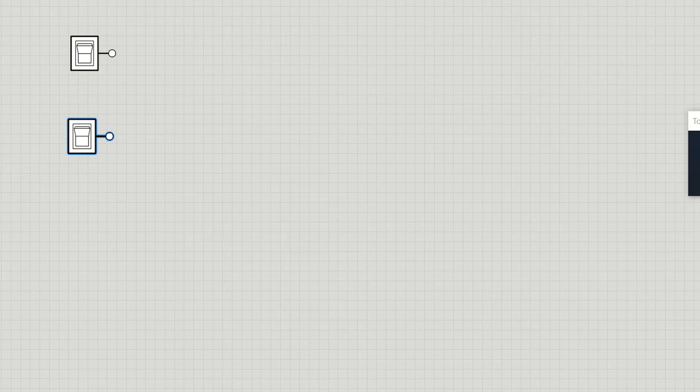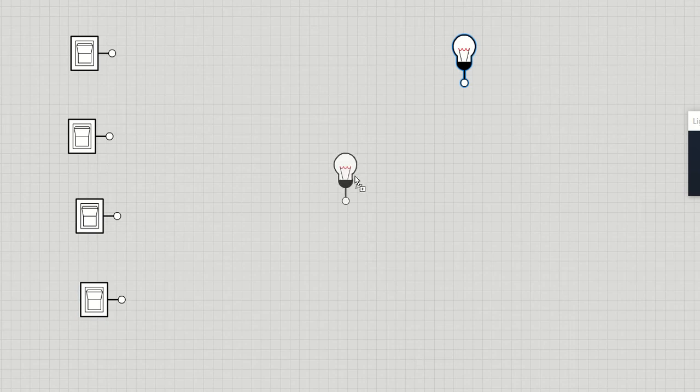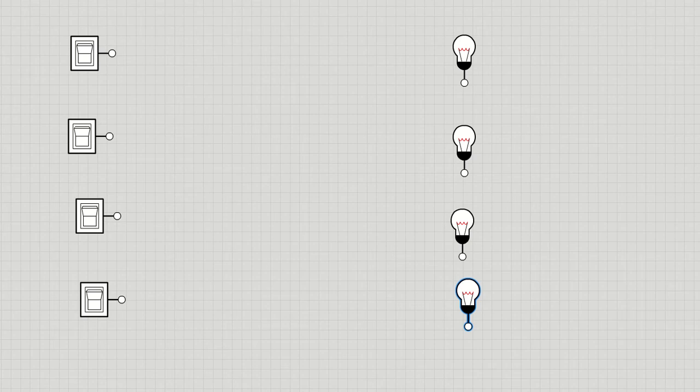Now let's start designing the circuit for the binary to gray code converter. Four inputs, four outputs, three XOR gates.